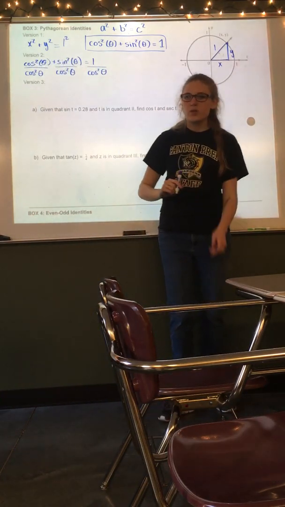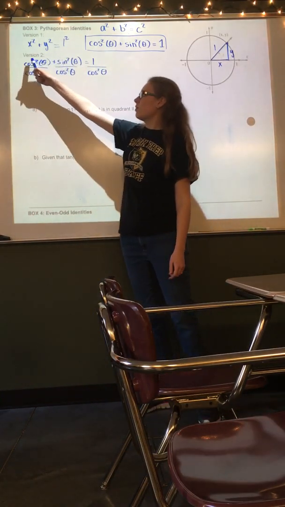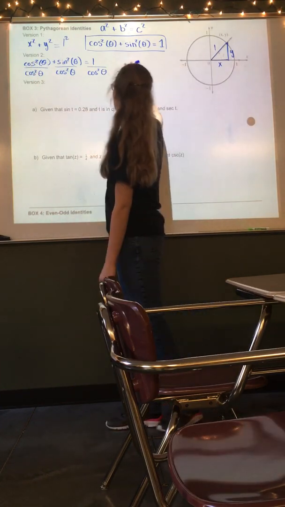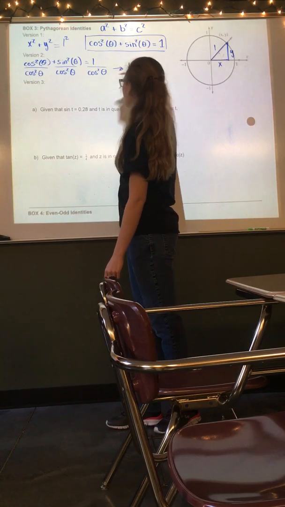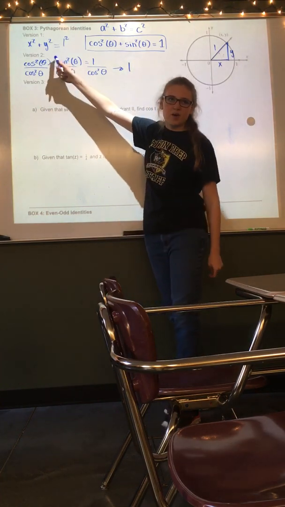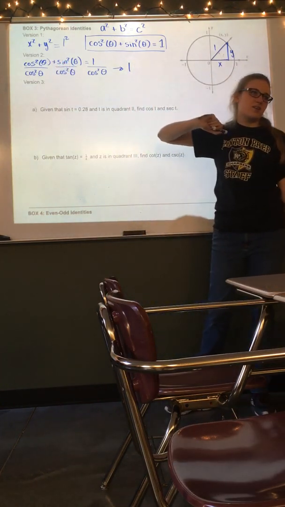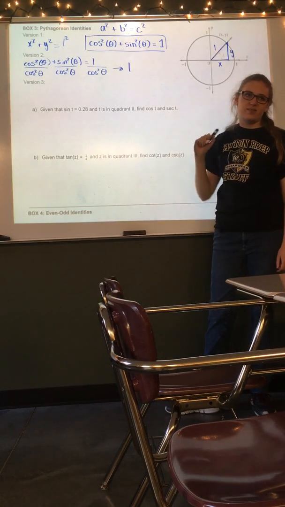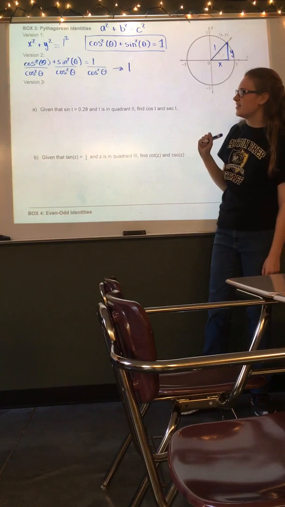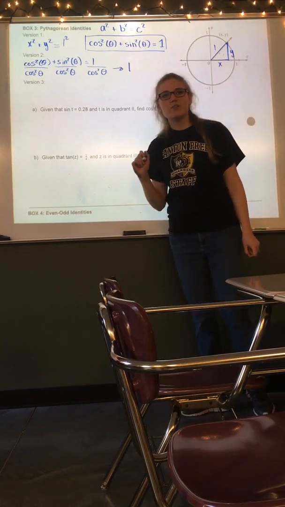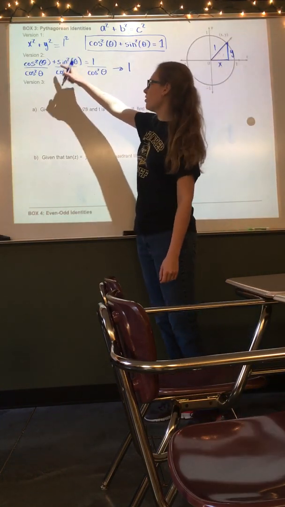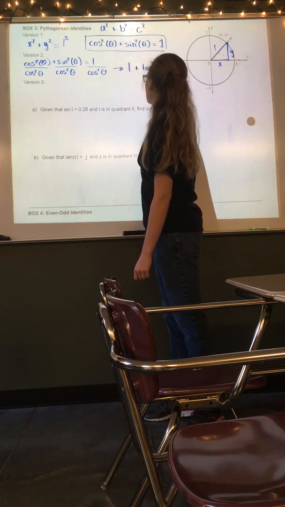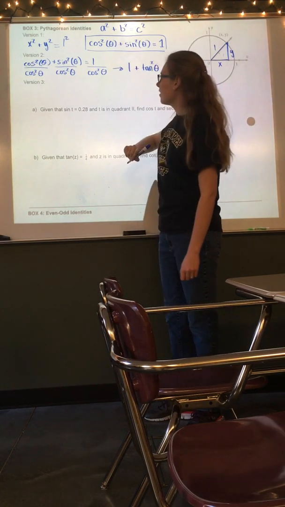Now what can we do with that? Cosine over cosine is 1. What did we just say about sine divided by cosine? That's tangent. So sine over cosine is tangent. Sine squared over cosine squared is tangent squared. 1 plus that.